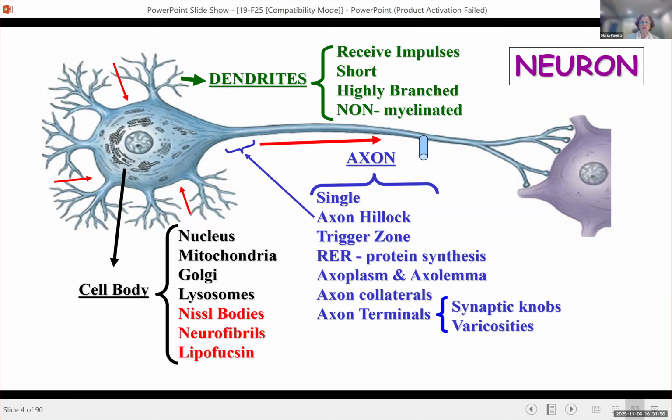But then it has to go to plus 30. So that's why you have so many sodium channels here. Once that threshold, minus 55, is reached, all the voltage-gated sodium channels open, increase the potential to plus 30 millivolts, and then the action potential travels down the axon. So you go from minus 70 to the minus 55 threshold, action potential triggered, reaches plus 30, and then goes down the axon.